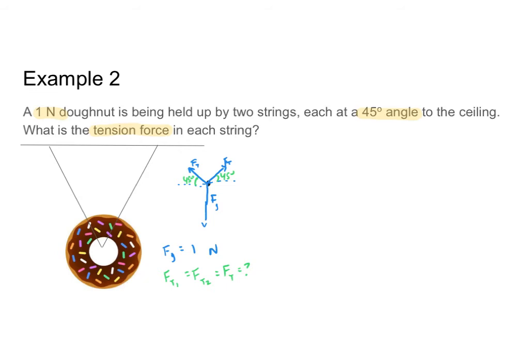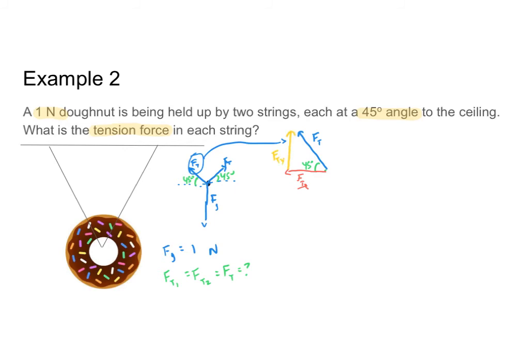And to do that, I want to zoom in on one of my vectors. So here is my tension force, and it is at a 45-degree angle with the horizontal. So I can draw my force of tension in the x direction, and I can draw a vector for my force of tension in the y direction.